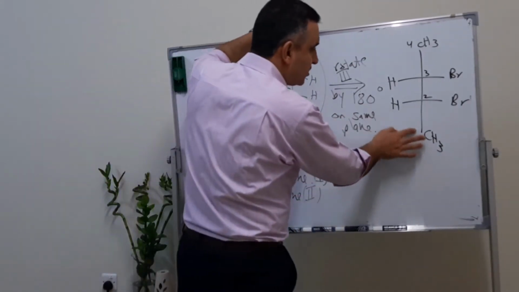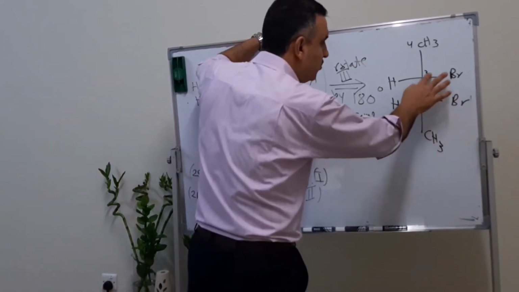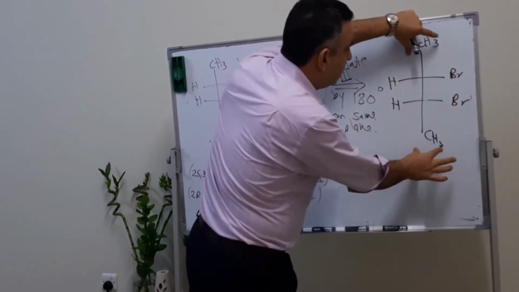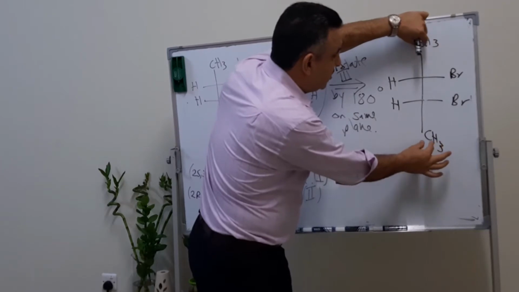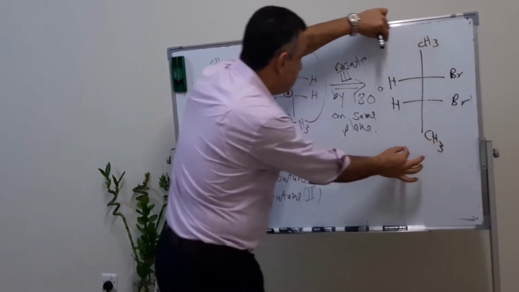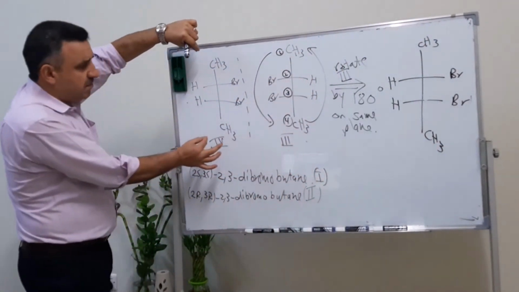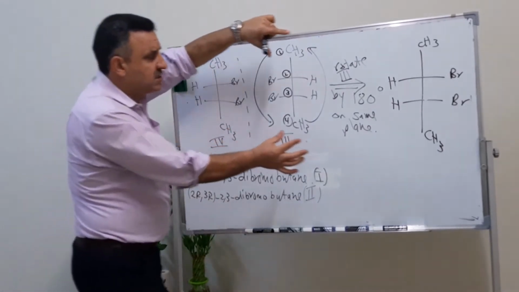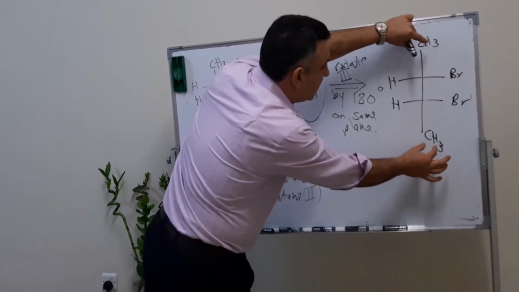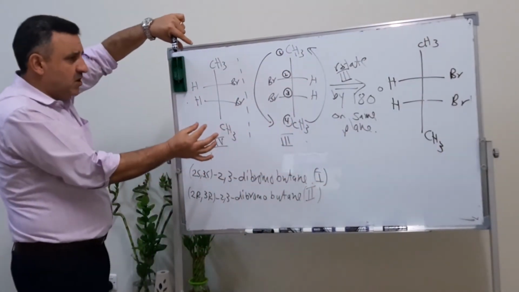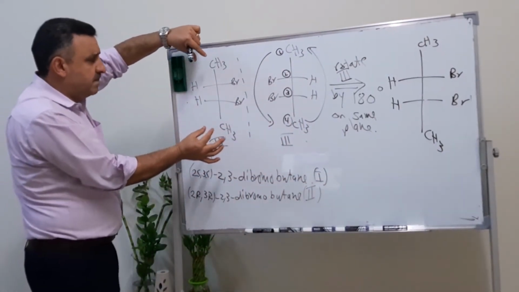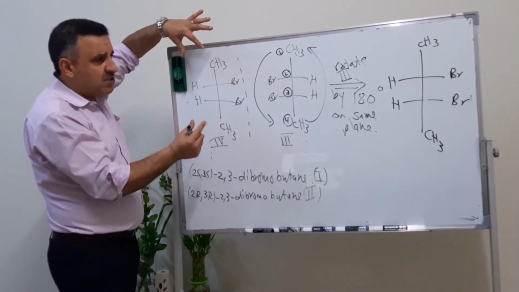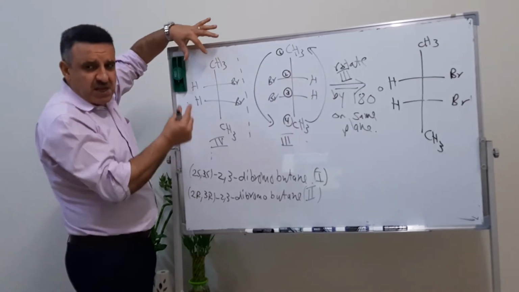Now, of course, when you do this rotation, try now to superimpose. Let us just imagine that we hold this from the methyls, and we bring it to structure number 4. What do you see? When you hold the structure from the methyls and try to superimpose them onto structure 4, you will see that every atom will superimpose with the corresponding atom.